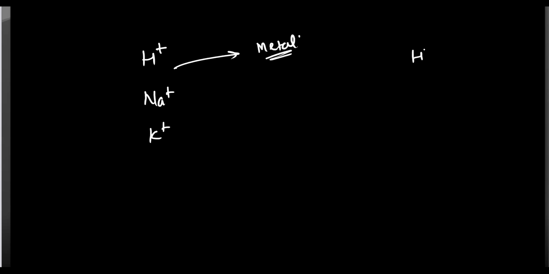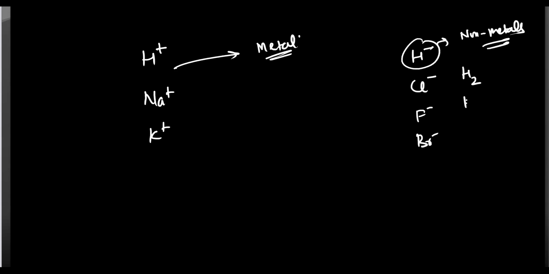But when it forms hydride, like Cl minus, fluoride F minus, Br minus are formed, here it shows minus, so it shows the property of non-metals. Hydrogen forms H2 gas, like other elements such as Cl2, Br2, O2, so it forms a molecular gas, which is also a property of non-metals.